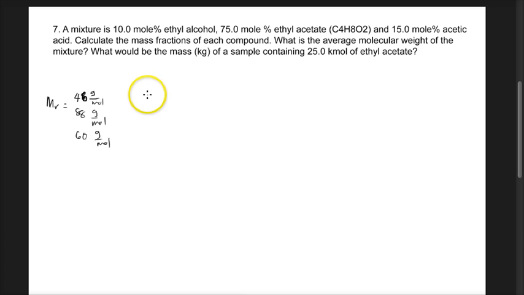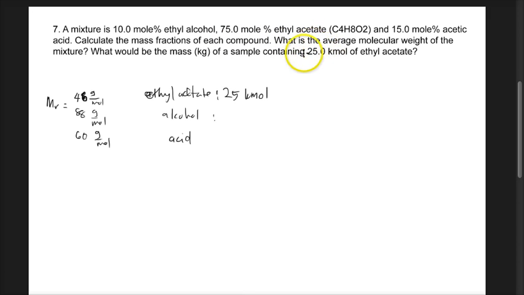So let's start with ethyl acetate. We have 25 kilomole, and then we need to find the alcohol, and the last one is acid. So this 25 kilomole corresponds to the mole percentage of ethyl acetate.